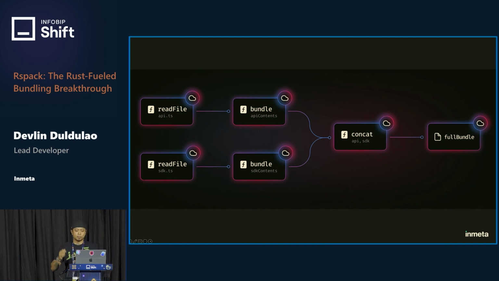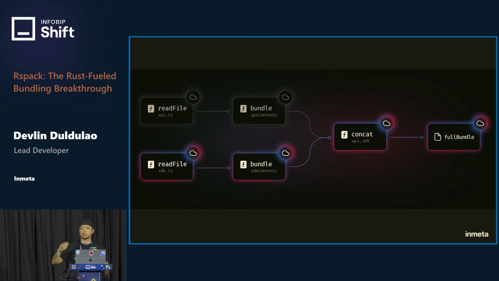However, TurboPack takes a different approach by keeping track of the inputs and outputs of each function, caching them. So during the first run, it reads, bundles, concatenates the files, and remembers all the outputs.